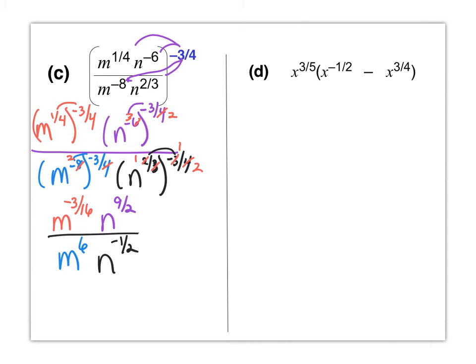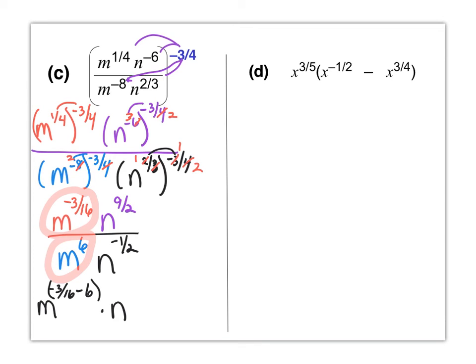Now that we've taken care of that exponent of negative 3/4, we can apply the quotient rule. Notice that we have an m to the negative 3/16 in the numerator and an m to the 6th in the denominator. Using the quotient rule, we subtract the exponents, so we can write this as m as the base, negative 3/16 minus 6. And then the same thing with the n's.